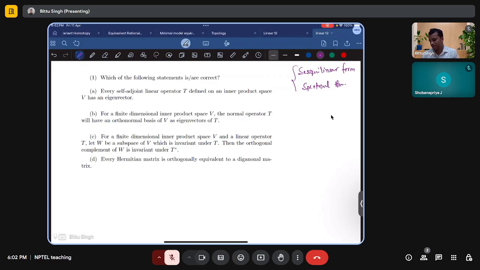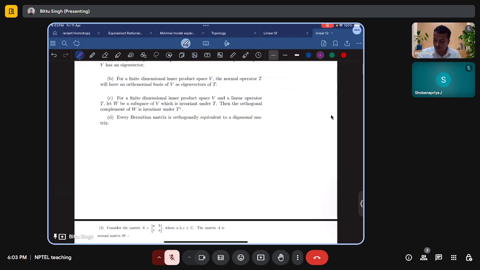Before solving, let us state some theorems and some definitions. So, what is a sesquilinear form?